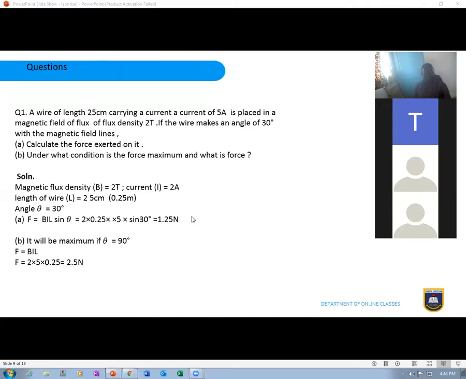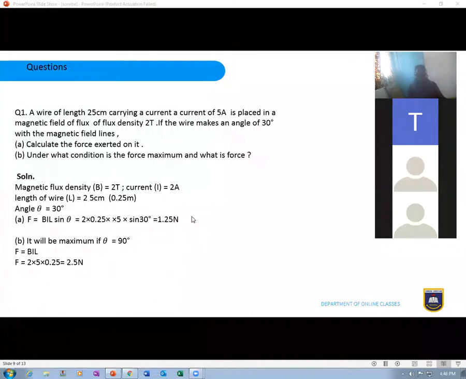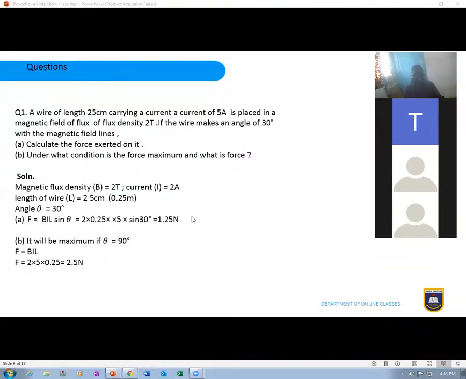And for B over there, we have to calculate for what? The question over there is: under what condition is the force maximum, and what is that force? We know that our force will always reach its maximum position when theta is 90 degrees.